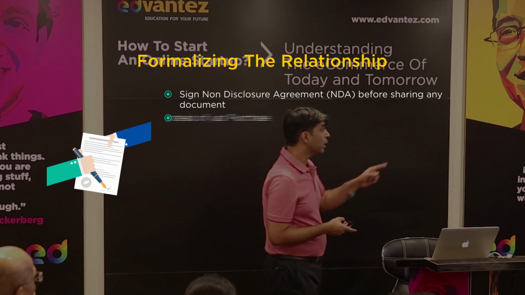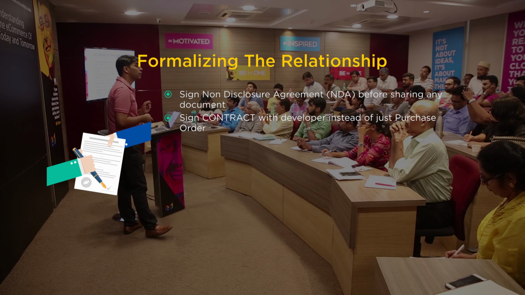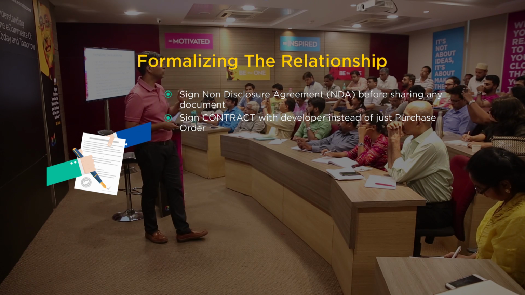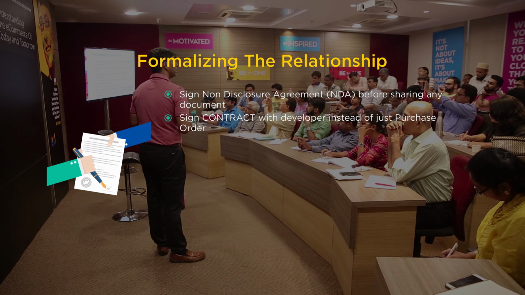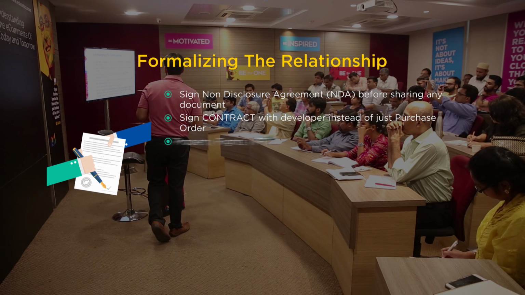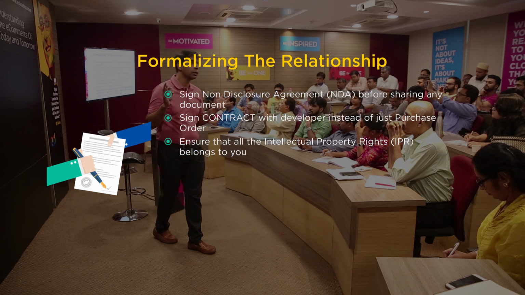Okay? Sign the contract with the developer instead of just a purchase order. It's important. Don't just give them a purchase order. Tell them to make a contract. Okay? Because then they're liable. Ensure that all IPR belongs to you. Biggest mistake entrepreneurs make.